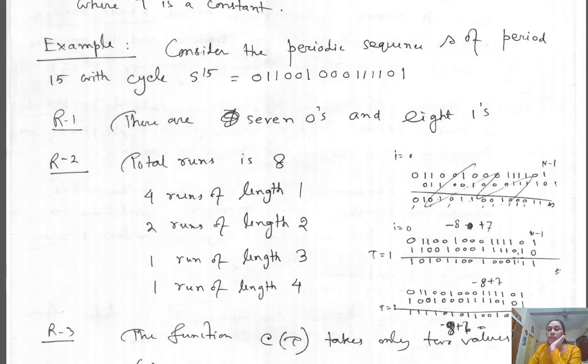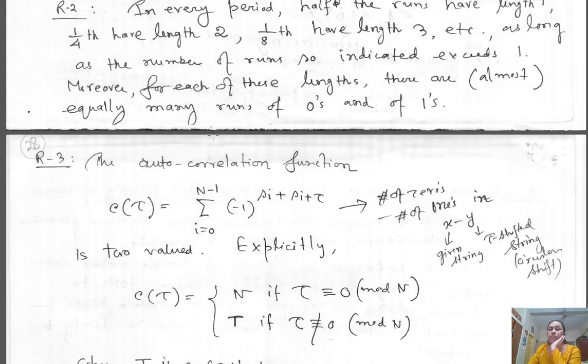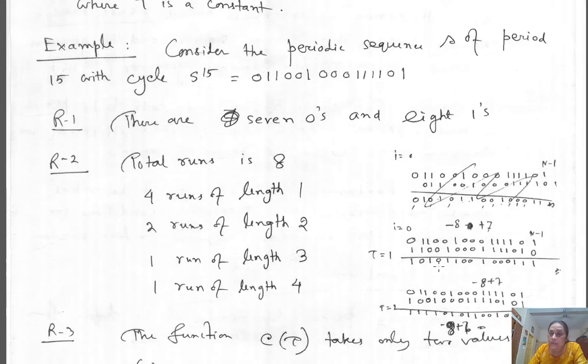And if Si plus Si plus tau is 1, then it gives you minus 1, minus 1 to the power 1. This value being 0 means this is 1, and this value being 1 means this gives you minus 1. So in the resulting sum, you are actually counting the number of zeros minus the number of ones.